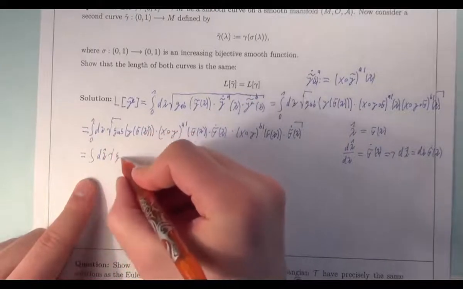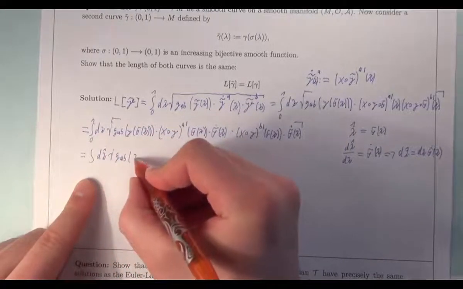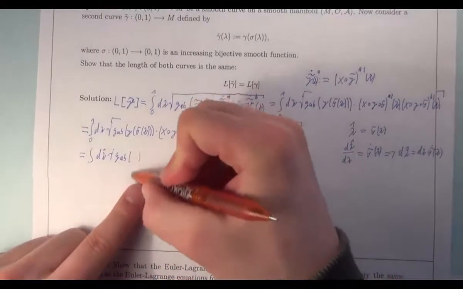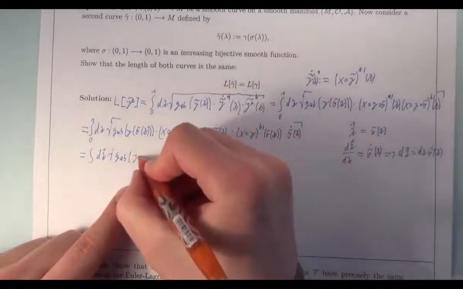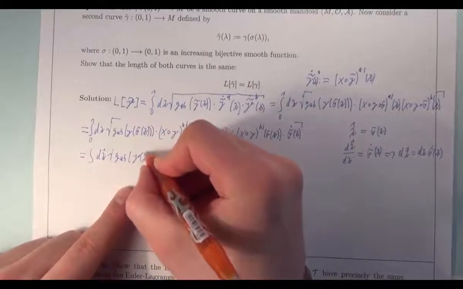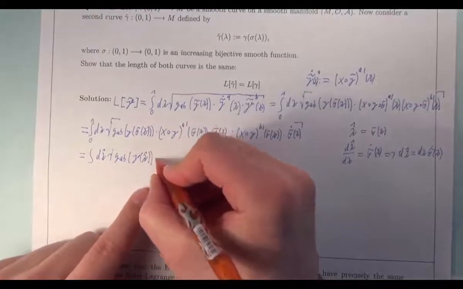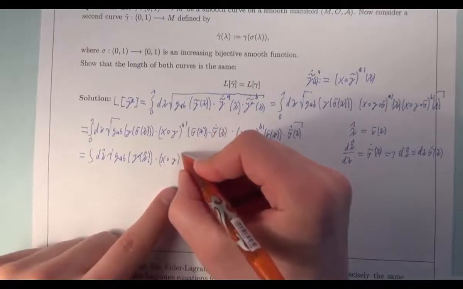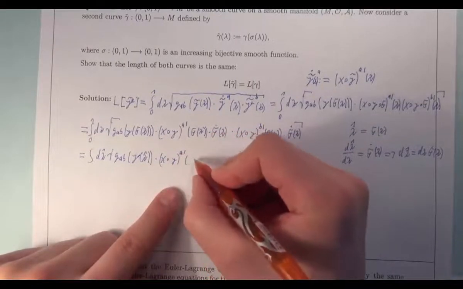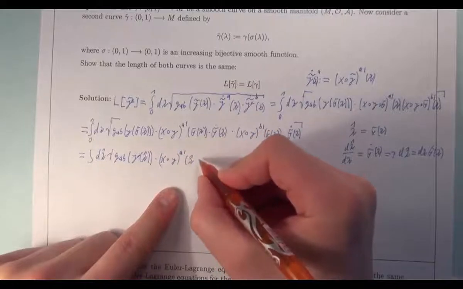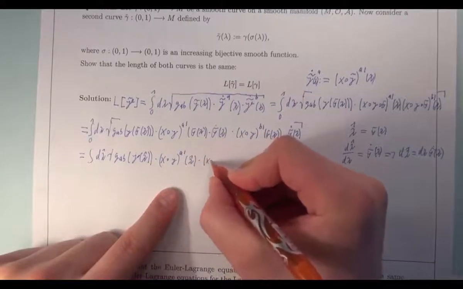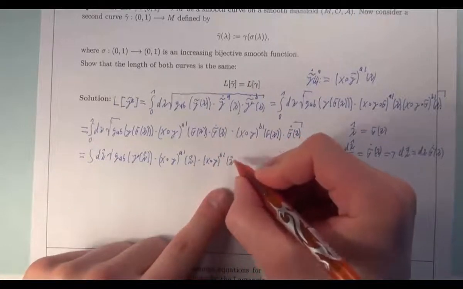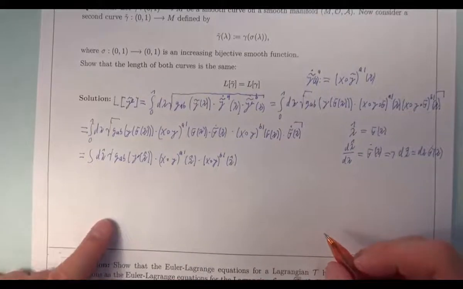It's the square root of g_ab of lambda hat. Sorry, it's truly not right because we have to evaluate at a point in the manifold. It's gamma of lambda hat, times x after gamma, a-th component, prime, lambda hat, times x of gamma, b-th component, taking the derivative, lambda hat.